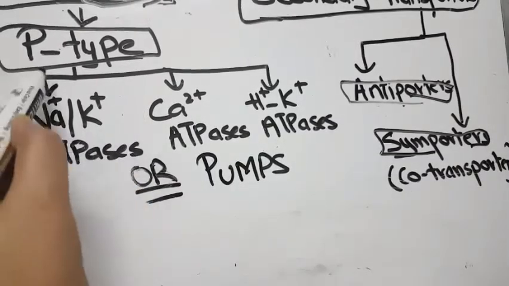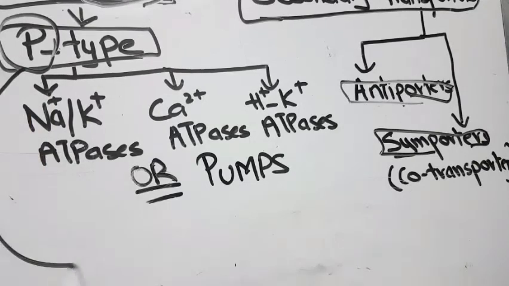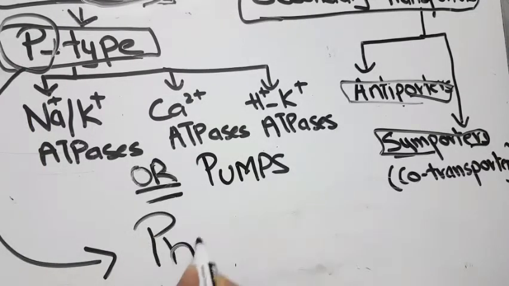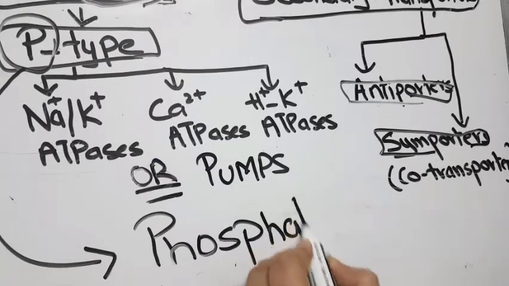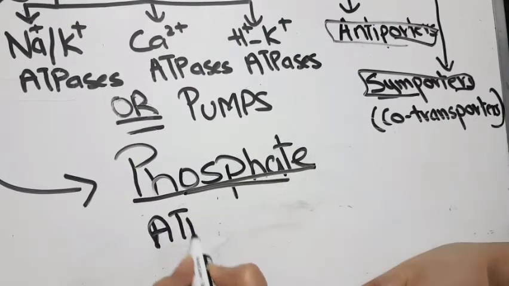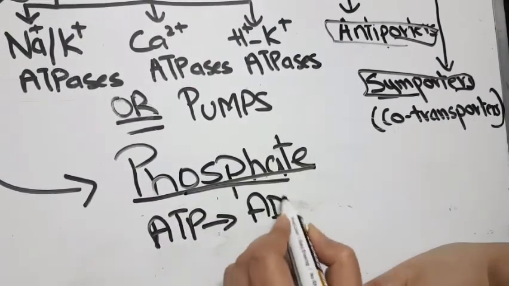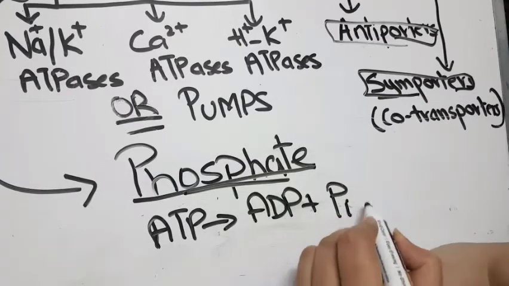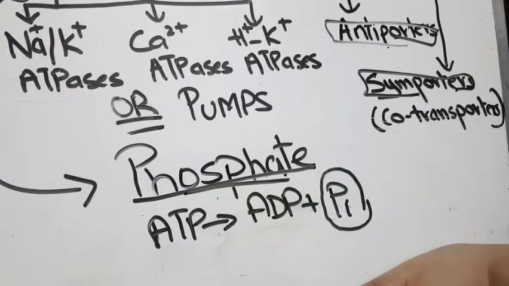In P-type enzymes, this P stands for phosphate. They are called P-type because during active transport, when ATP is broken down into ADP plus phosphate, this phosphate is accepted by these pumps or transmembrane proteins, and due to this reason they are called P-type.